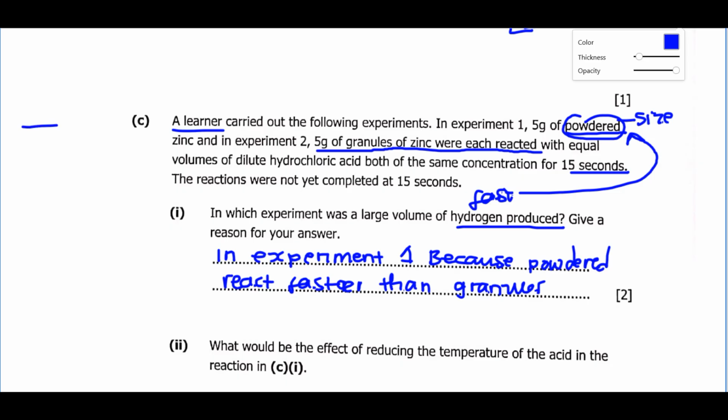So for example, let's say this is reactant A, then this is reactant B. So it's easy for the smaller particle to move and collide with another particle compared with this larger particle.